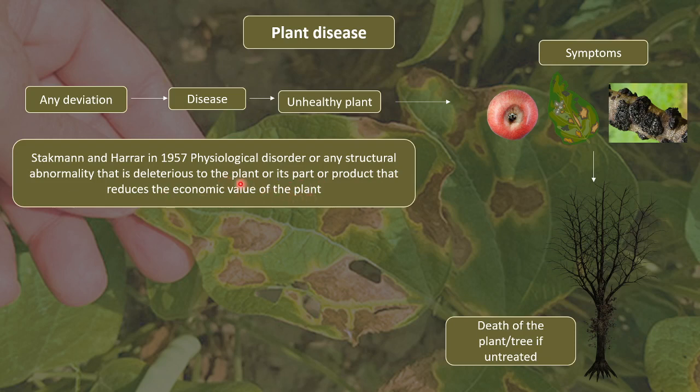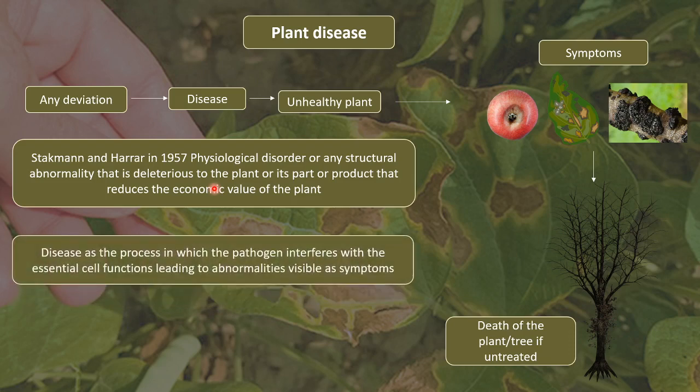So it can either cause damage to the whole plant or to the part or product of the plant, which then leads to the reduction of its economic value, that means its value in the market decreases. This is a definition described by Steckman and Harrer.